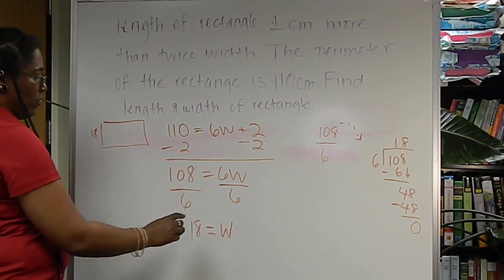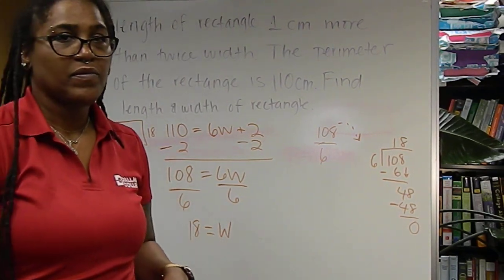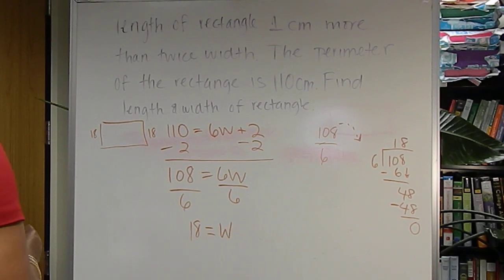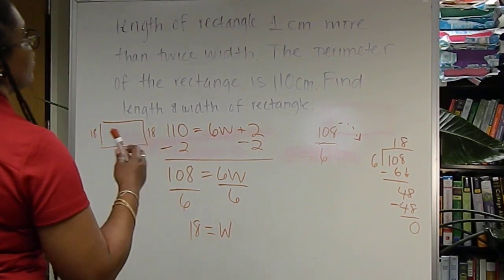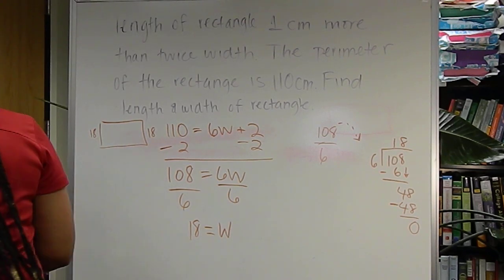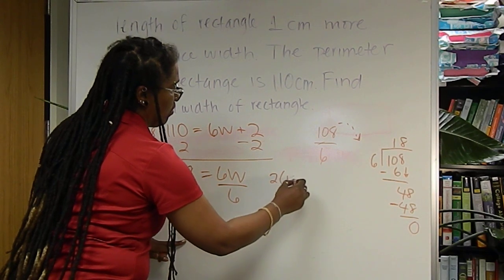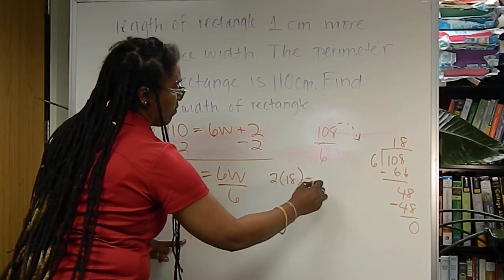And if this is true, then that makes this, right? Now we have to figure out the length, which is 1 centimeter more than twice the width, so we have to show what's twice the width. If the width is 18, twice that is what?